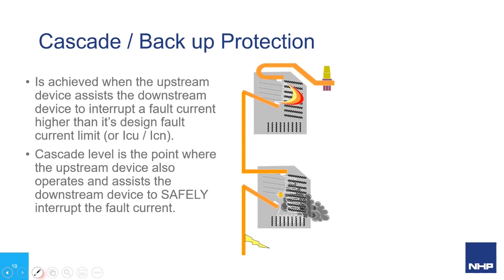So like formerly fuse protection, where the fuse used to back up the downstream device to a higher level than its rated fault current interruption level, the upstream device or the upstream circuit breaker here also assists the downstream device to break a higher fault current level than its rated ICU or ICN. This is called cascade protection.